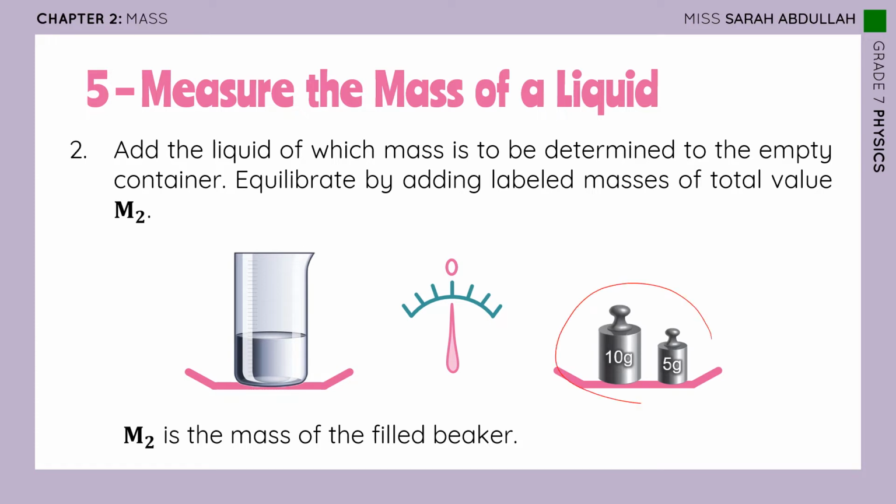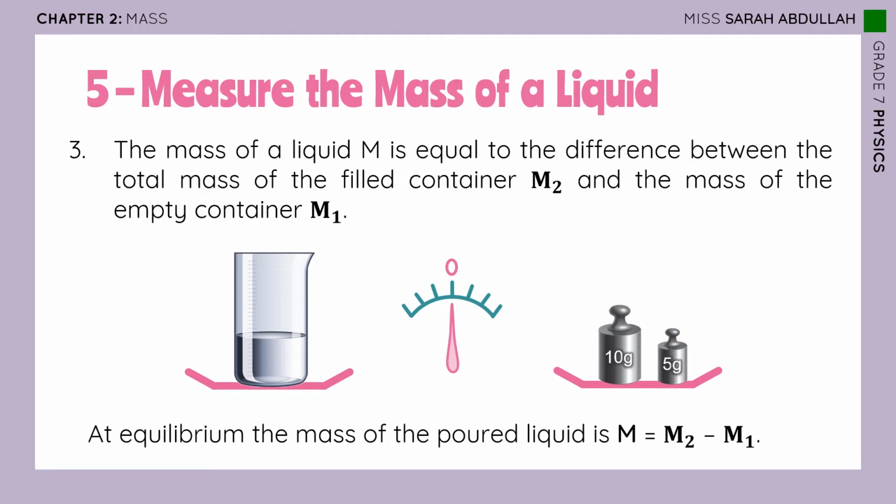We put labeled masses on the other pan until equilibrium is reached. So we have the mass of the filled beaker now. To find the mass of the liquid inside the beaker, we simply subtract the mass of the filled beaker minus the mass of the empty beaker. We will get M, which is the mass of the liquid inside the beaker.